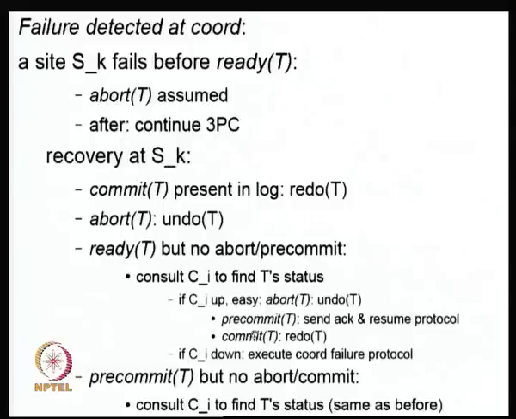Since, for reasons of liveness, the protocol assumes that at least k plus 1 sites are up, our site did not get those messages, but other sites got them, and then the coordinator has actually gone ahead and committed it, not waiting for Sk to come up. So that's why you can do redo of T, because it has been committed by the coordinator, and the coordinator is saying so.